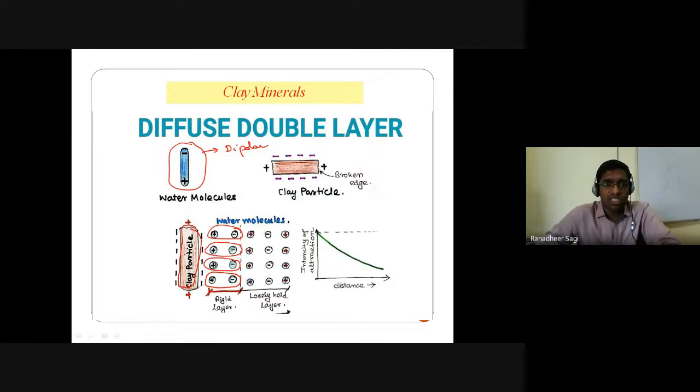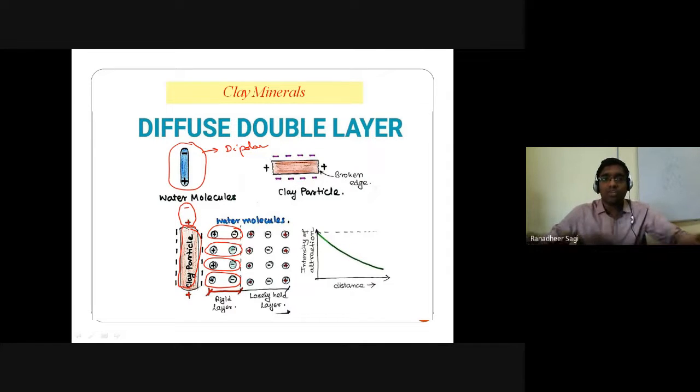So in the process, in the vicinity, once the water comes in contact with your clay particle, the positive charge of that water molecule gets attracted towards the negative surface of your clay particle, and the negative face of your water molecule gets attracted towards the positive charge at the edges of your clay particle.